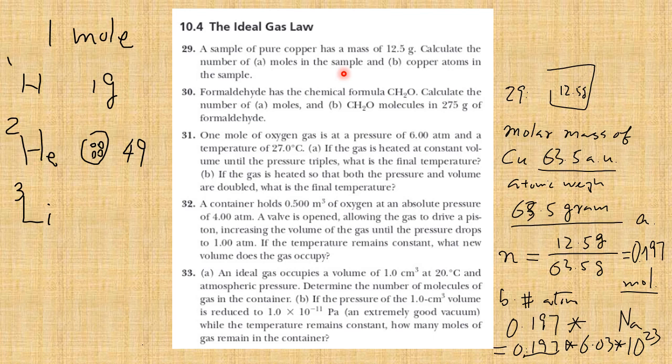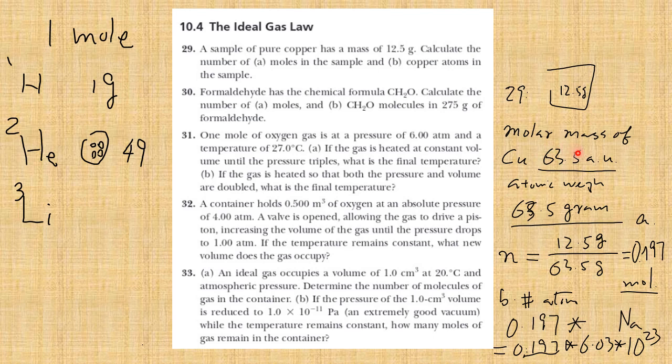At the very bottom, there's the atomic weight. It's 63.5 atomic units, which means the copper atom is about 63.5 times the hydrogen weight. That's atomic units, and that weight is very small, but that's more or less the same number. But then to turn that into 1 mole, how many grams?